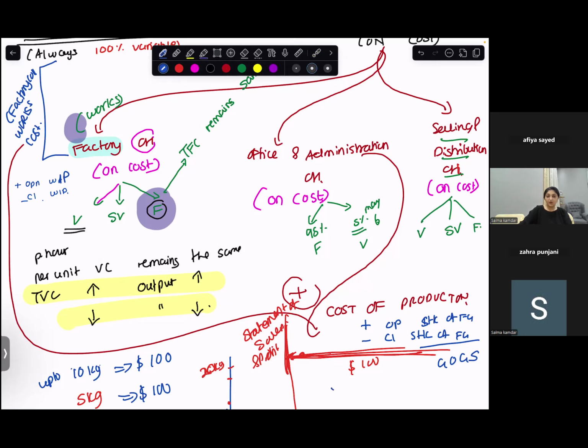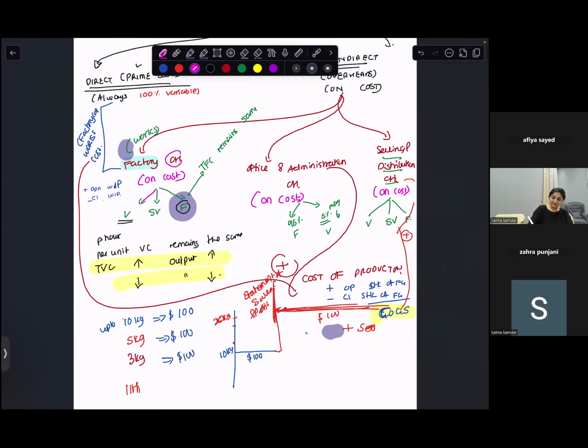Then add which overhead? Selling and distribution overhead. So cost of goods sold plus selling and distribution overheads is going to give us cost of sales.